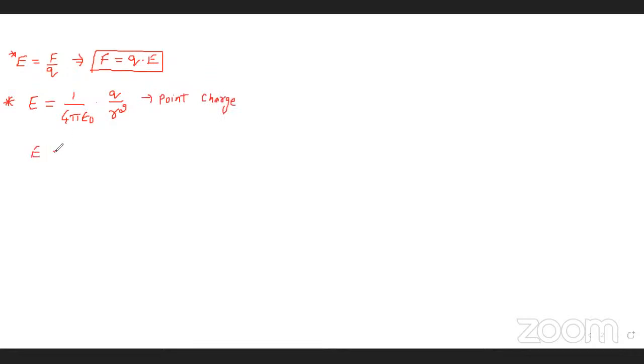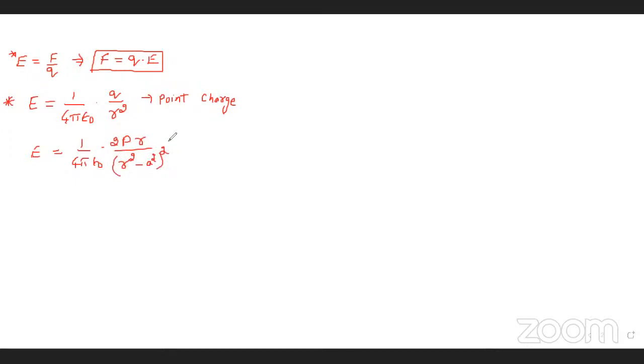And remember, electric intensity is given by 1 by 4 pi epsilon naught into 2PR divided by R square minus A square whole square.